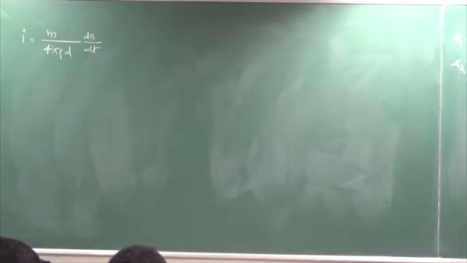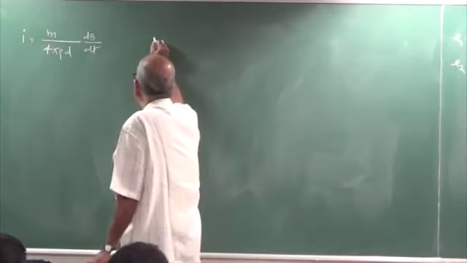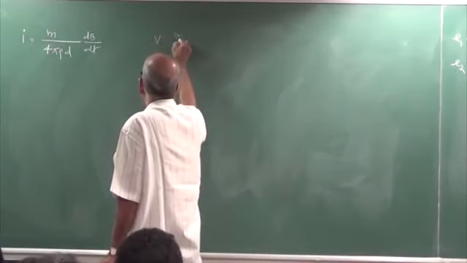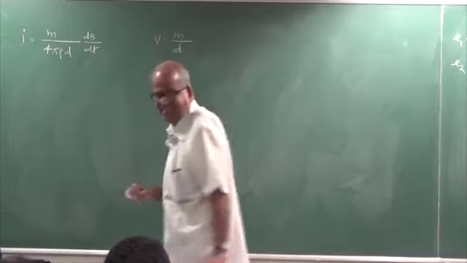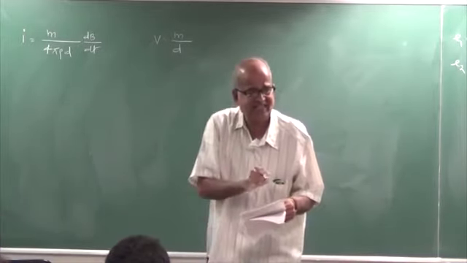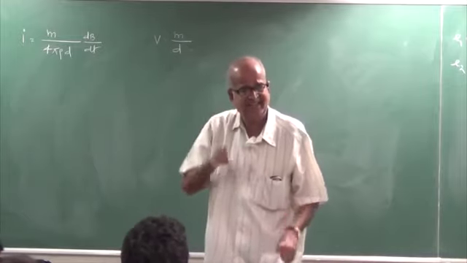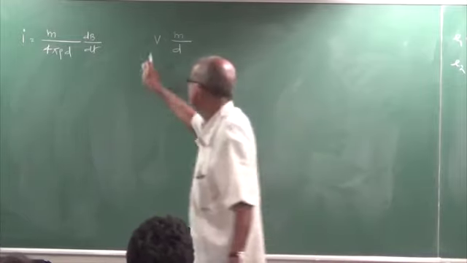He has given a mass m of copper and he says density is d. So what is the volume? Volume of copper will be mass by density. That has to be drawn into a wire of cross-sectional radius small r and a circular loop of radius capital R. So this should be equal to what then?